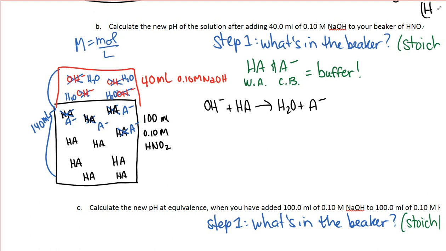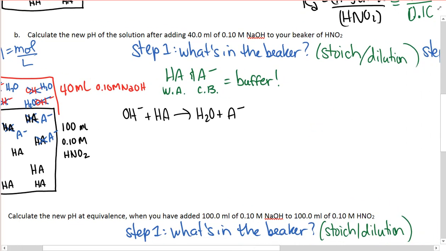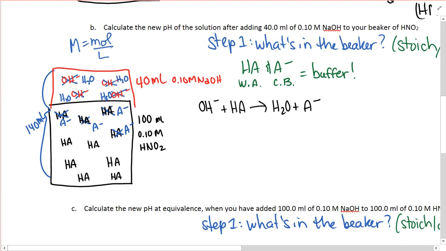And this is going to be a stoichiometry problem. Really, it's a limiting excess stoichiometry problem. We have to figure out how many moles of HA were in my beaker and how many moles of hydroxide were added, so we can figure out how much got used up and what's left over. So if we work our way through this, my hydroxide, let's look at that one first.